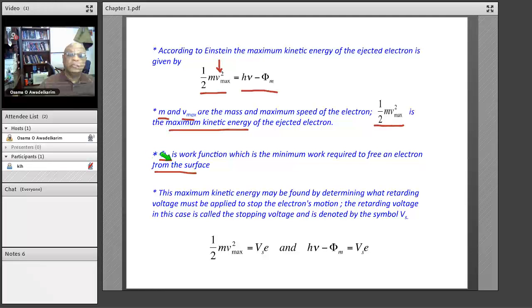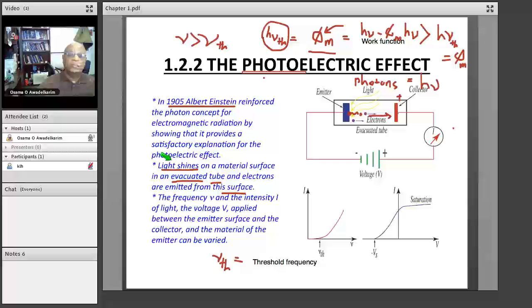So how do we do an experiment to find the maximum kinetic energy? It's simple. What we could do is apply what we call a stopping potential. If we reverse the potential, minus and plus, and apply a potential Vs, then an electron that is freed from here and has kinetic energy moving in this direction, we can stop it by putting a reverse voltage like this.